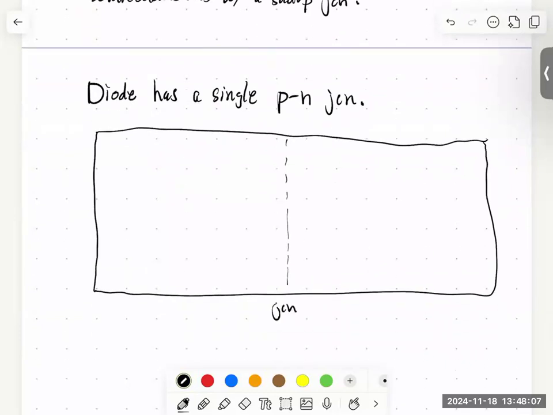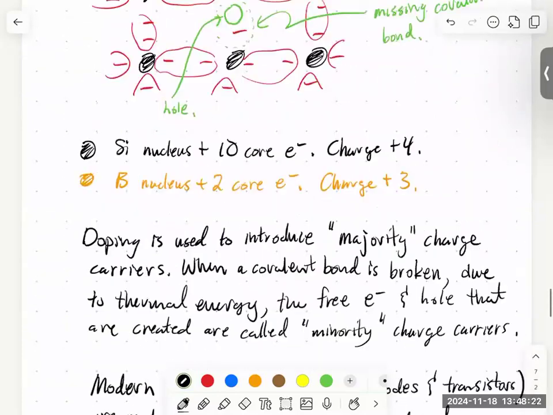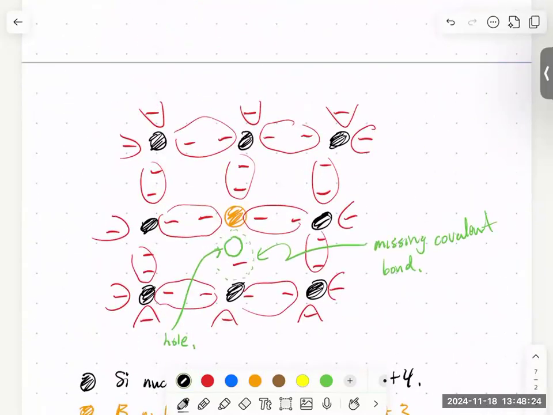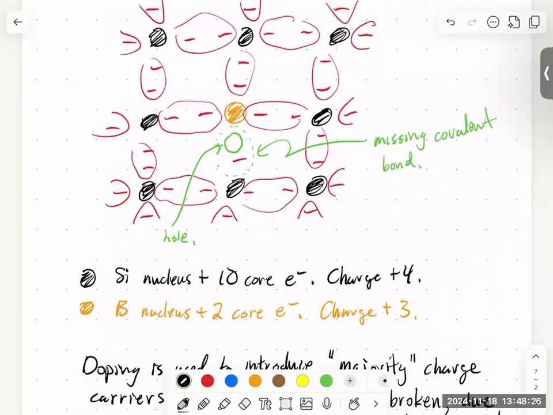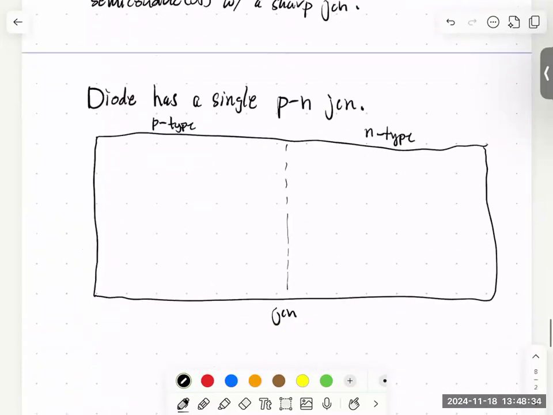On one side, we'll have, let's say, p-type material. And on the other side, we'll have our n-type. Okay, well, what do we know about p-type? We said that the dopants are going to have a charge of 1 less than the silicon. So I'm going to represent that as a bunch of minus signs.